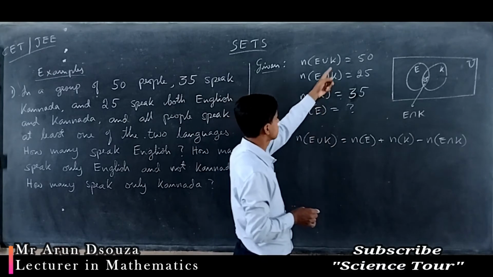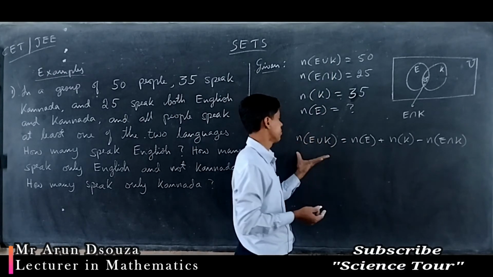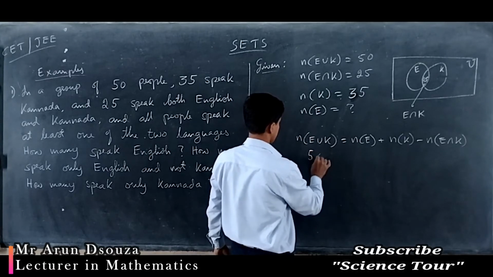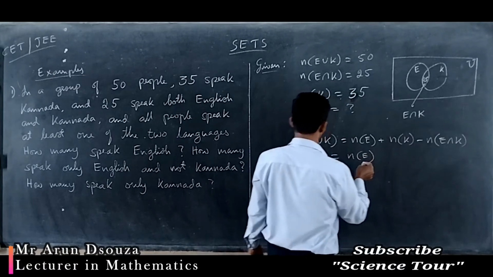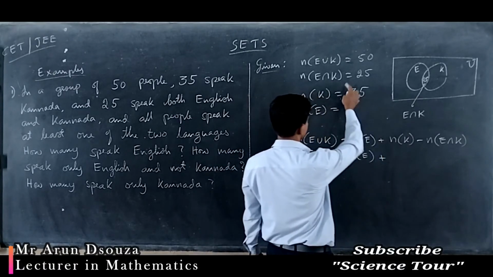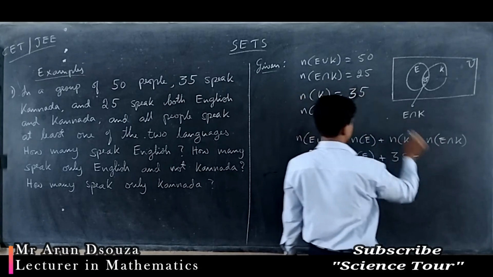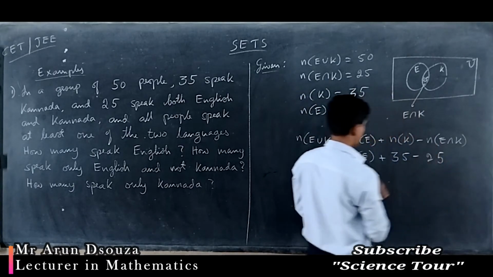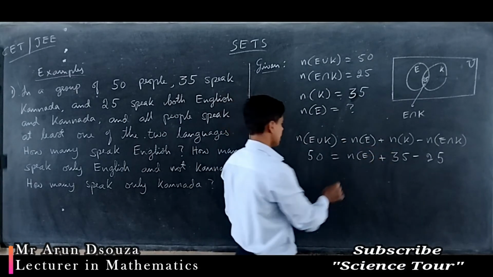So universal is given, which is union and universal, same here. Okay. Now what is N of E? We do not know. We have to find it, correct? And N of K is 35 and intersection is 25. Well, so you have 35 minus 25 is 10.